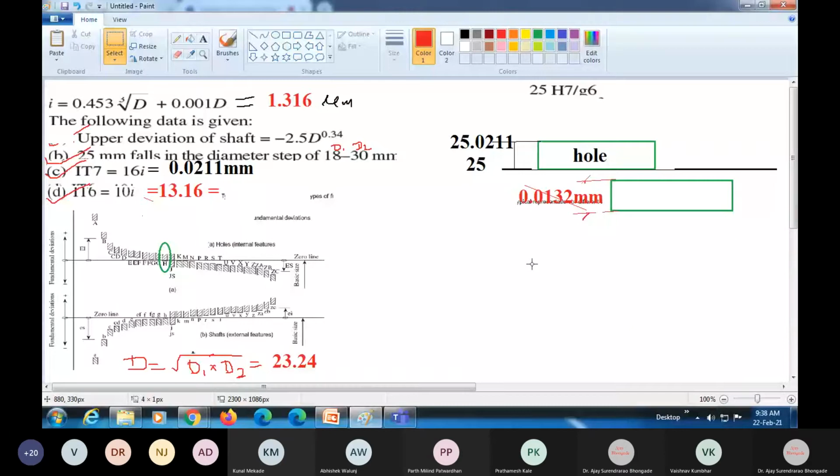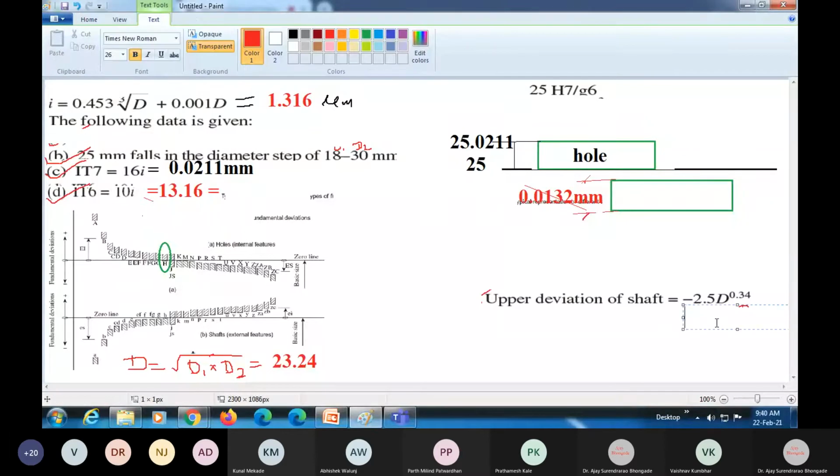What is the value of upper deviation of the shaft? Minus 2.5 d to the power 0.34. Can you work out that? Am I audible? Yes, sir.